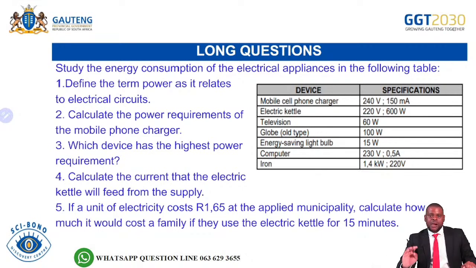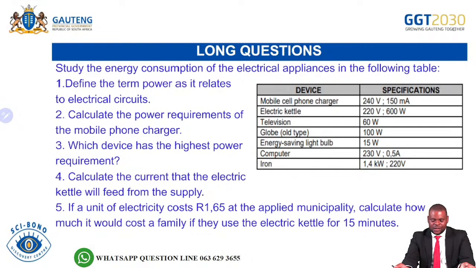Are we together? Power is the rate at which electrical energy is converted in an electric circuit. It doesn't change.